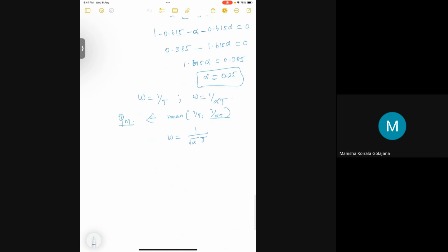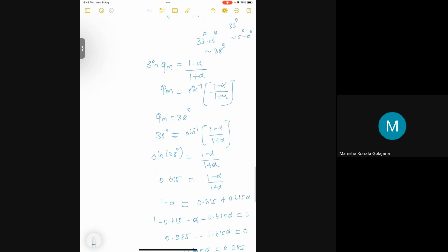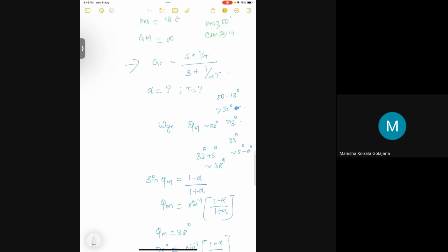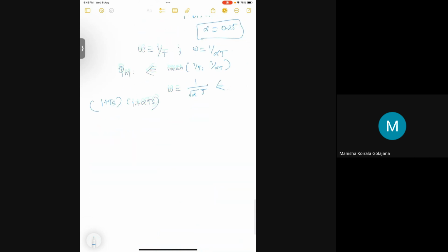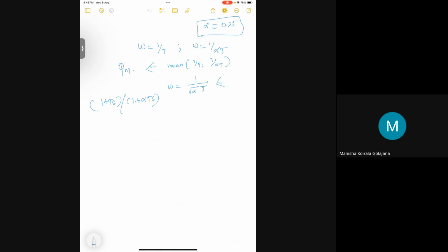The amount of modification in the magnitude curve at omega equal to this value, due to the inclusion of the term Ts plus 1 by 1 plus alpha Ts, the denominator here, I will write like this, it will be easy to interpret.